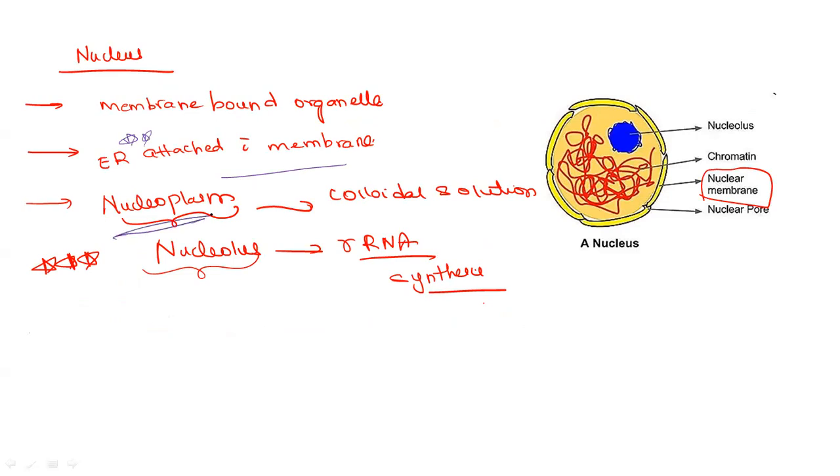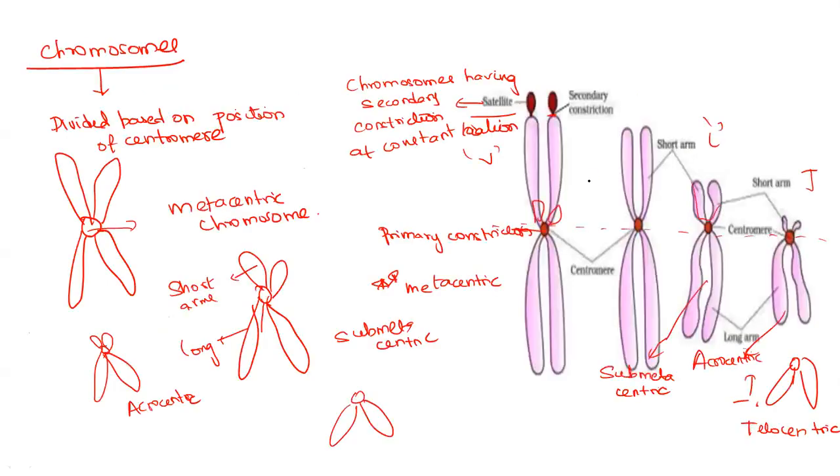And the nucleoplasm is a colloidal solution, and rRNA synthesis happens inside the nucleolus. So this is the nucleus, this is the nuclear membrane, and this is the nucleolus where rRNA synthesis happens. All right, then you can see the nuclear pores.